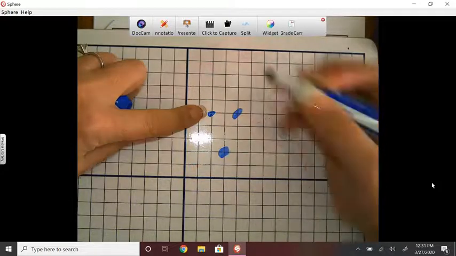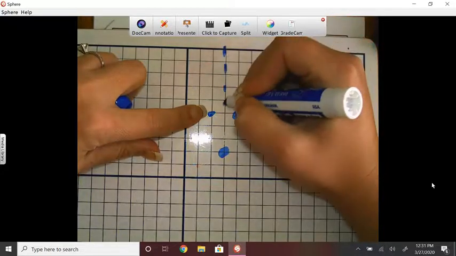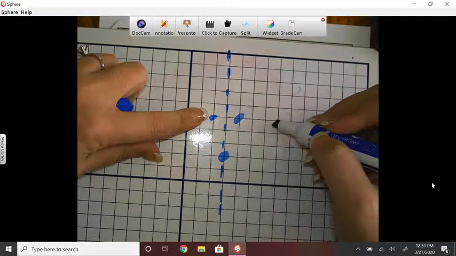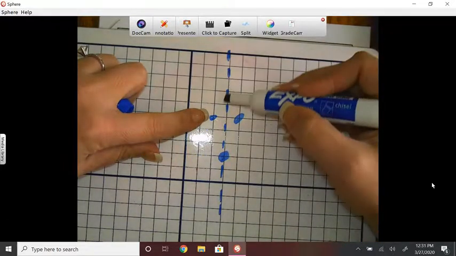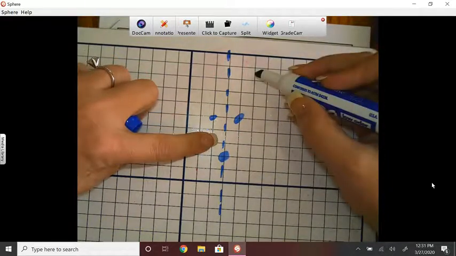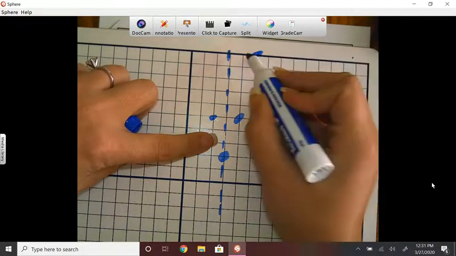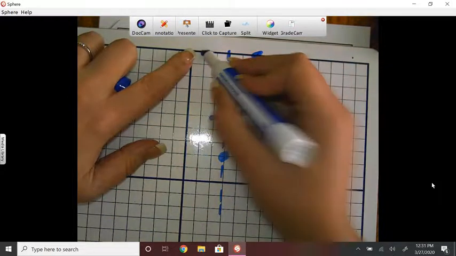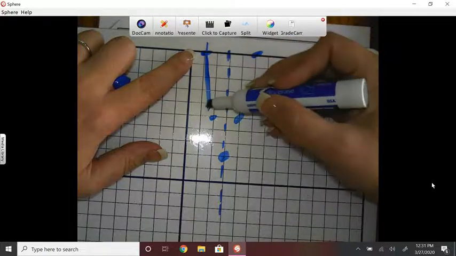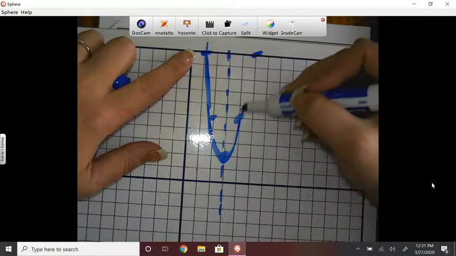So this is called the axis of symmetry, and whatever's on the left side, there's going to be one on the right side. And the axis of symmetry goes right through the parabola. So if we have a point, let's say here, and it's 2 away, we're going to have one 2 away here. And again, a parabola, when you connect it, should make a U shape like this.